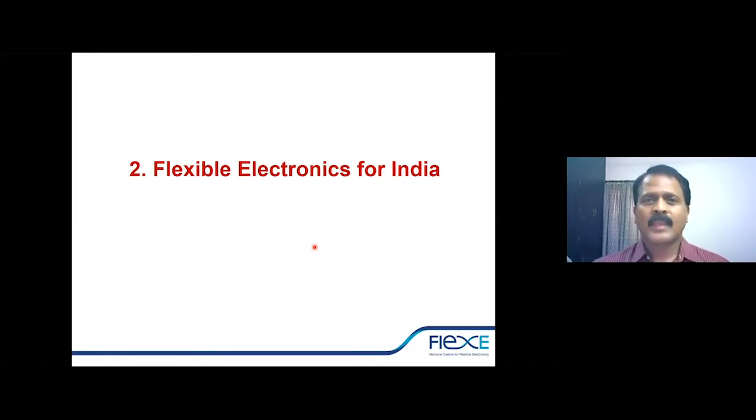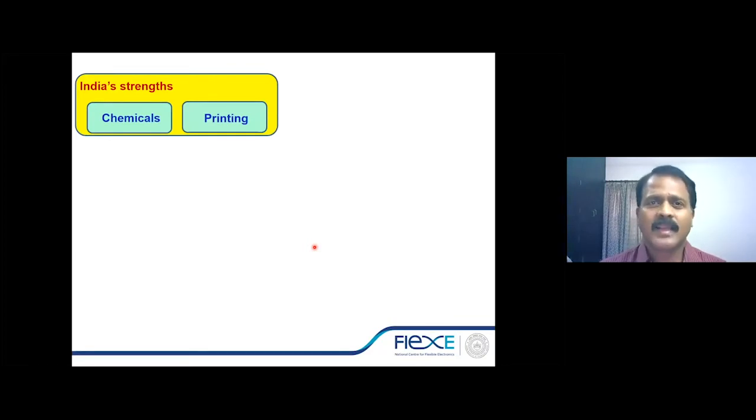Now, there have been discussions that India has missed the bus as far as conventional electronics is concerned. And setting up these fabs has been a challenge because they are very capital intensive. But let's look at some of the advantages which India has. As we have seen earlier, flexible printable electronics involves printing of materials onto flexible substrates.